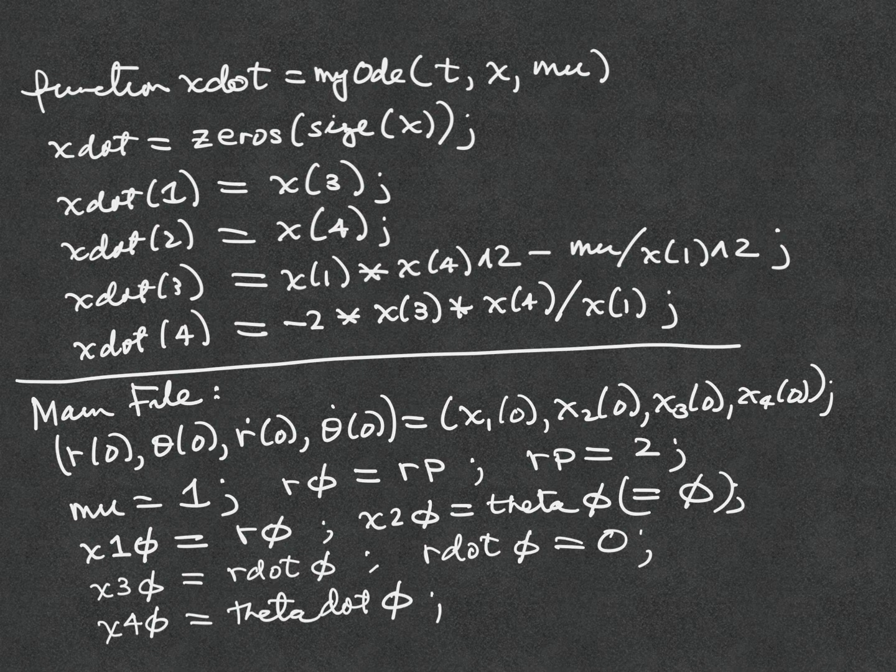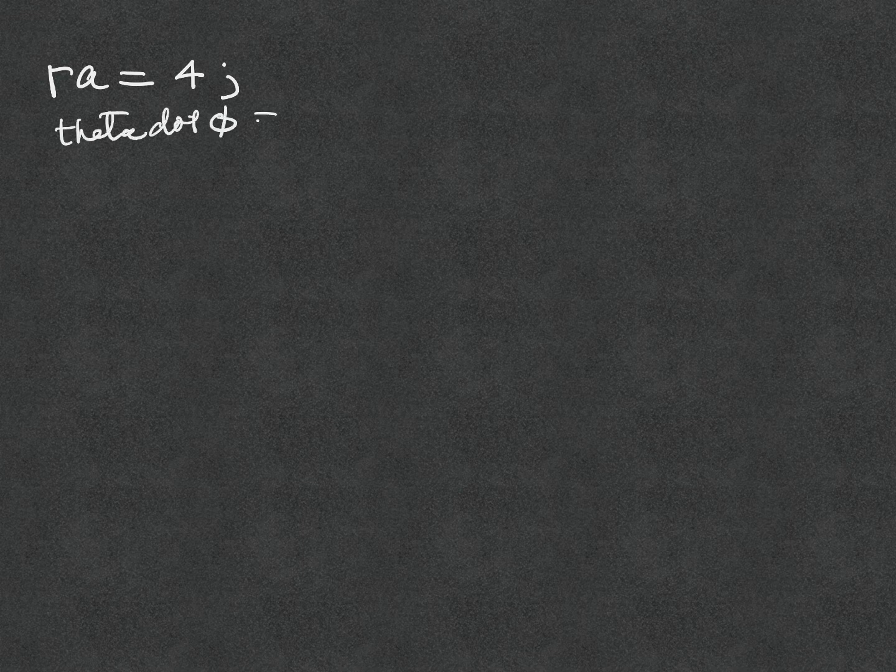Now, this is a little bit more complicated, so I'm going to put it on the next page. So I'm going to say RA is equal to 4. And I'm just going to assign theta dot 0. I'm going to say theta dot 0 is equal to 1 over R0.